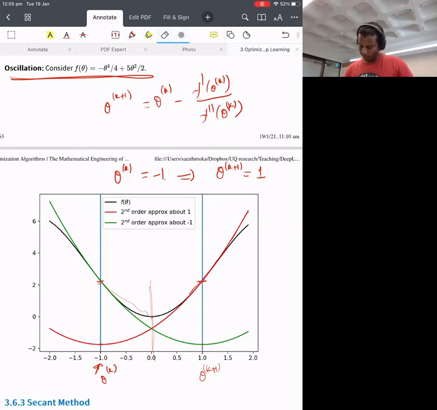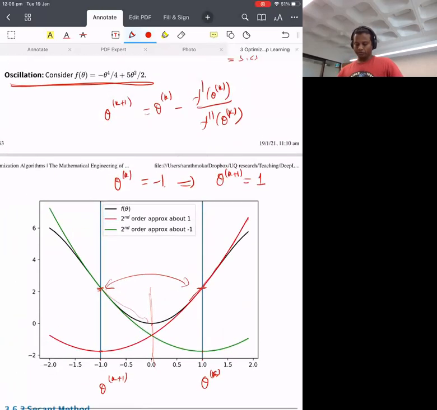If I reverse the roles and call this theta k and this theta k plus 1, then you'll come back to the same point. So your algorithm gets stuck. It keeps moving between these two points, never terminates, and just continues to do this. So this is another problem. You can get stuck in this kind of situation.